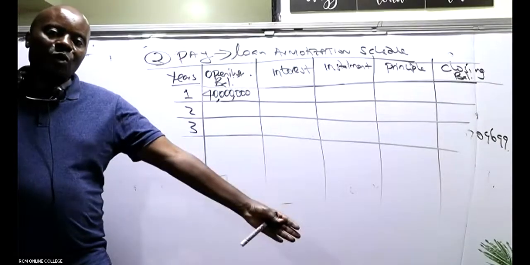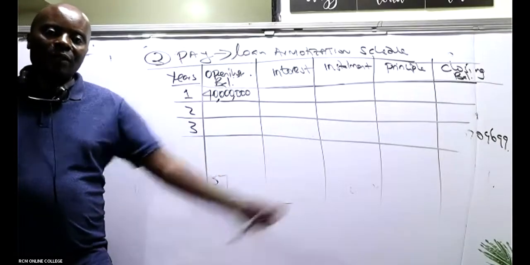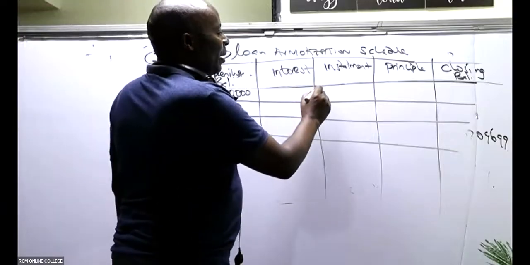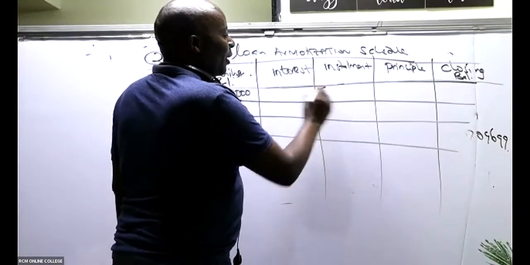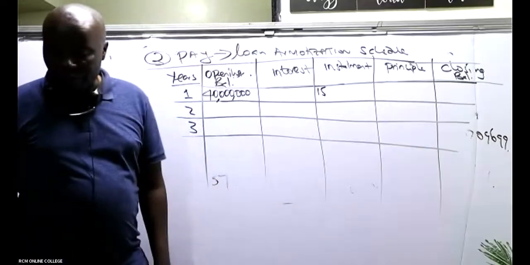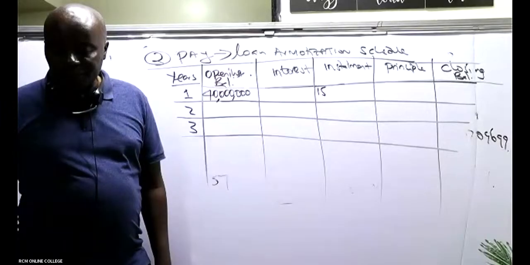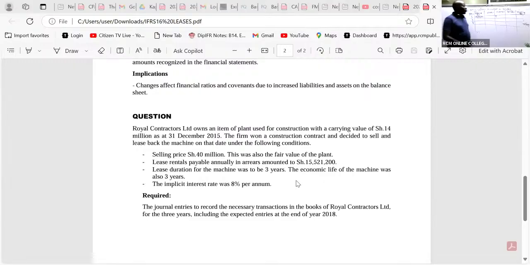We are paying our total obligation of 40 million, and this is how we shall pay it. We know the installment per year: 15,521,200.